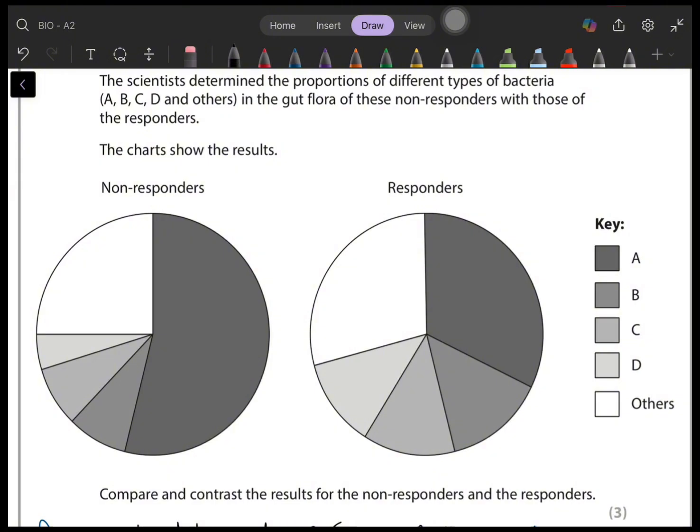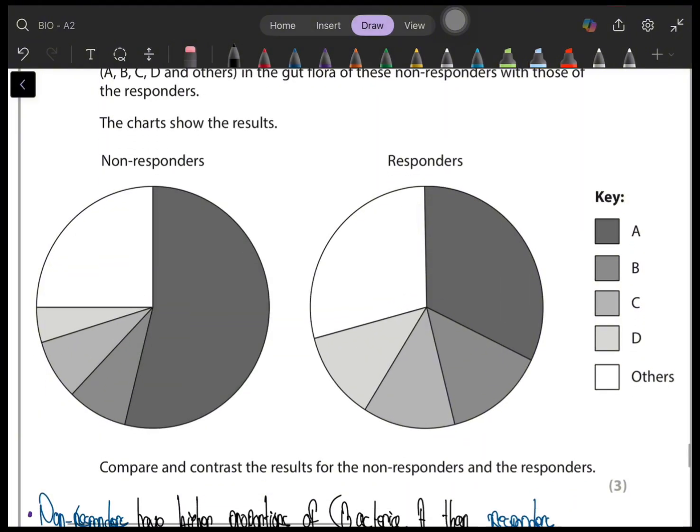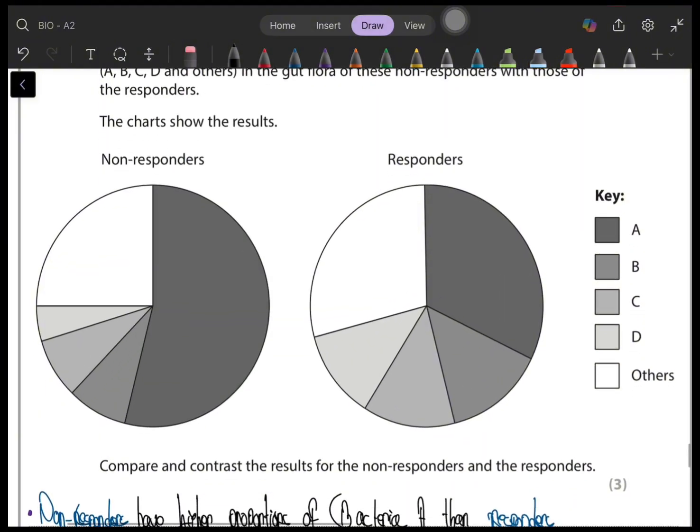Compare and contrast, and more or less this is going to be it. Let's just see if I could find anything, because I have written down three points over here. I'm trying to find a fourth point if applicable. You can say that this is bacteria D, if I'm not wrong.